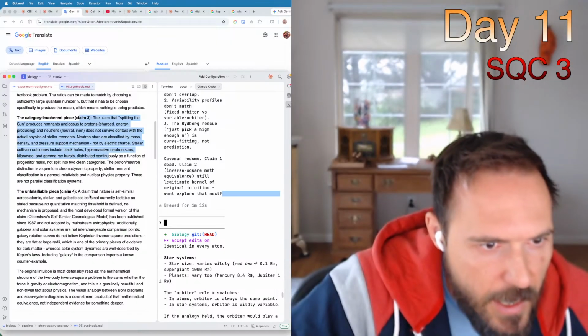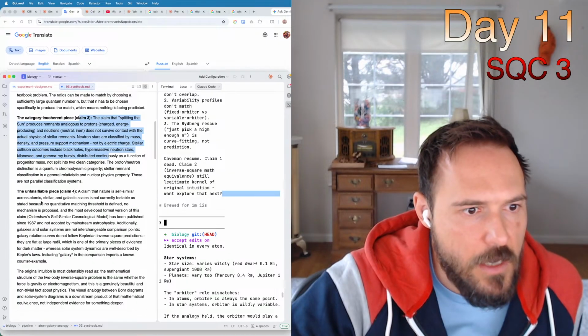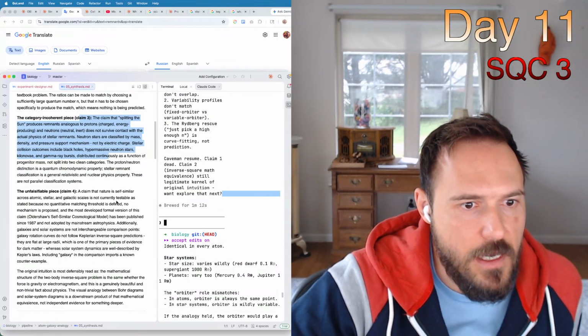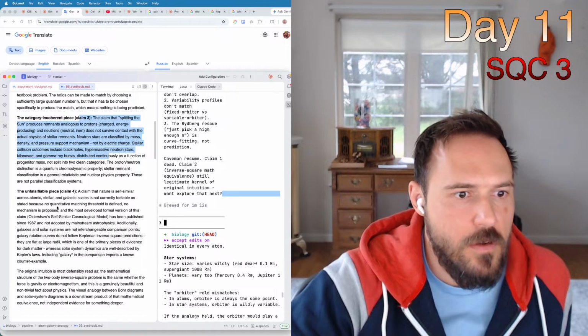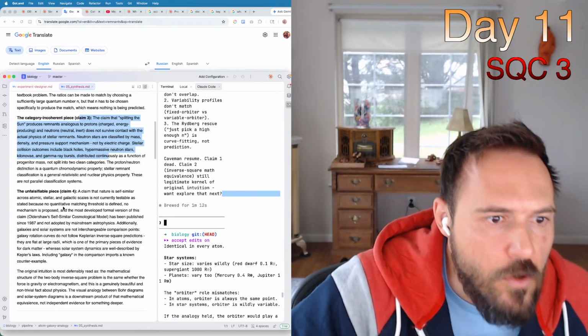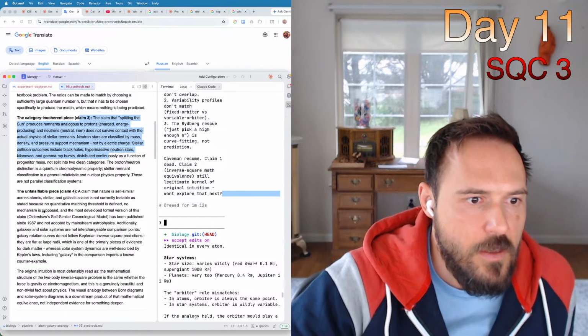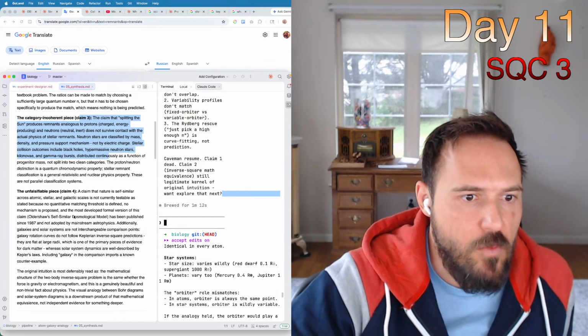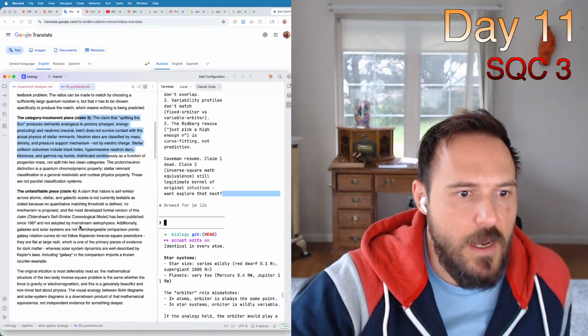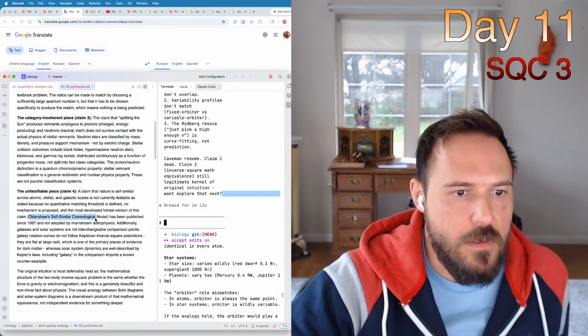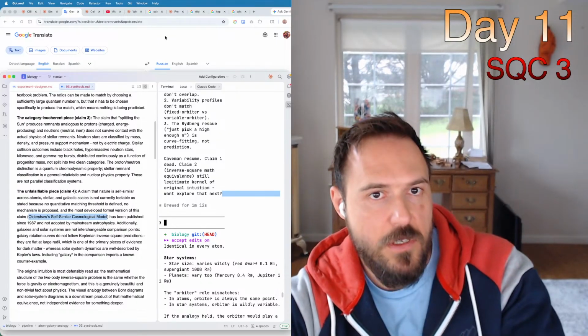The only evaluable piece: a claim that nature is self-similar across atomic, stellar, and galactic scales is not currently testable as stated because no quantitative matching threshold is defined, no mechanism is proposed, and the most developed formal version of this claim has been published since 1987 and not adopted by mainstream astrophysics.